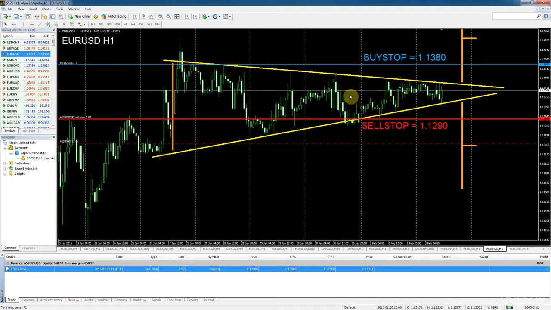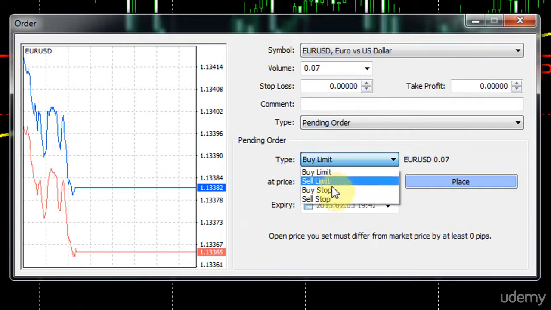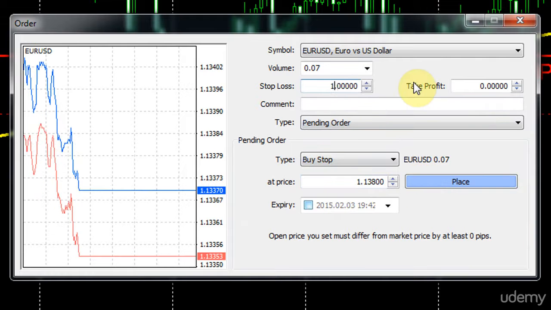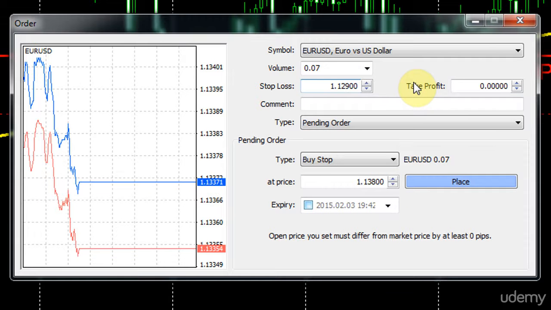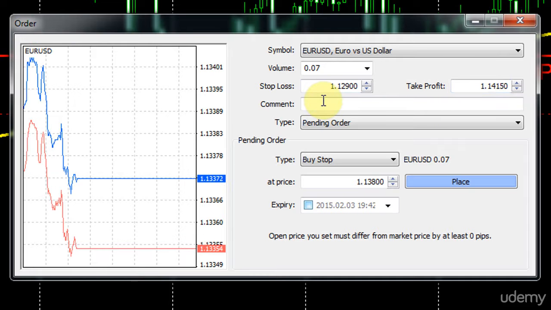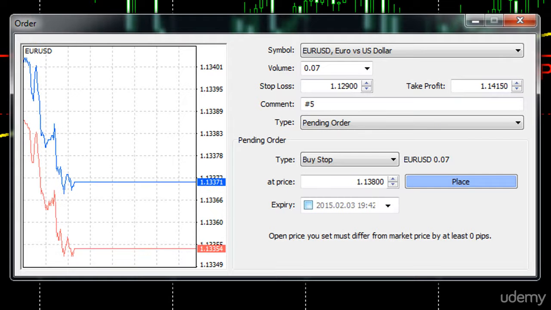And now we will conduct our buy stop order. So pending order, buy stop, 1.1380, stop loss 1.1290, take profit, I've also got it written down, so it's 1.1415, comment, this is number 5, buy stop.